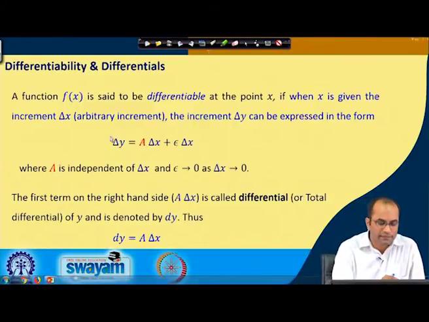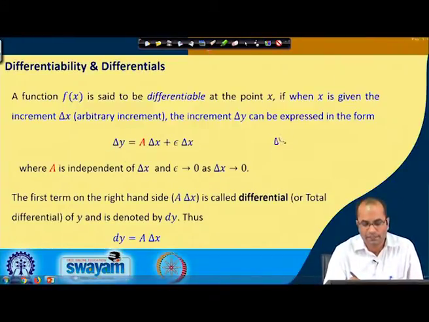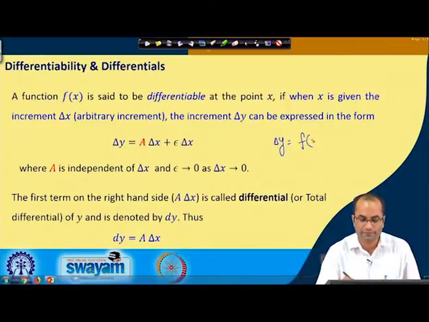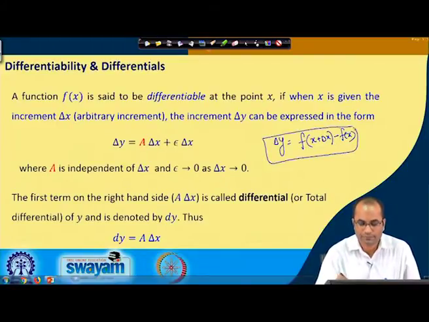Again, this Δy was the increment. Since the function is y = f(x), Δy is f(x + Δx), when we make an increment in x by Δx, minus f(x).